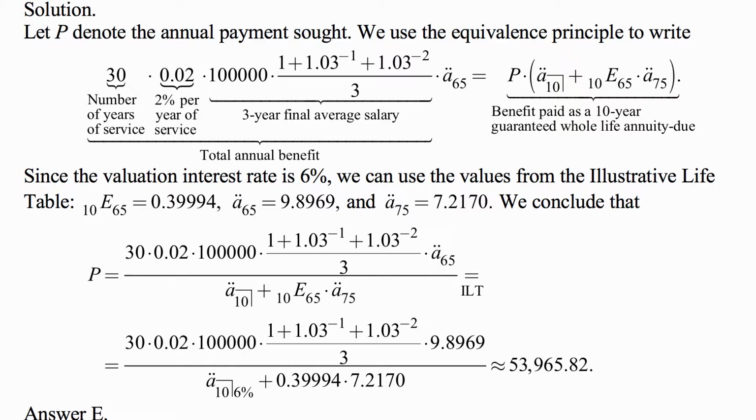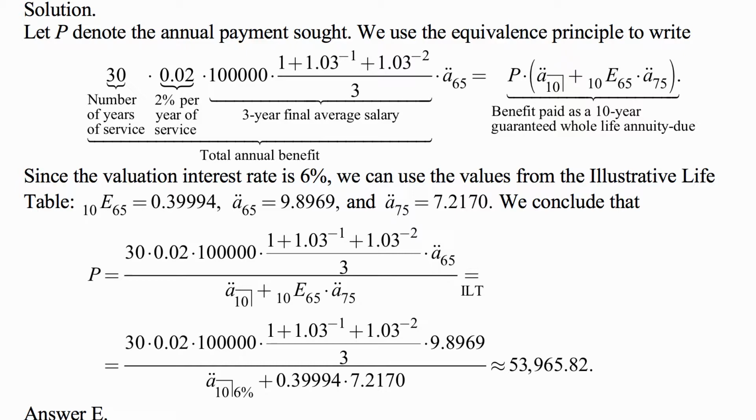And that's equal to P, the annual benefit, times ä angle 10 for the certain part of a 10-year guaranteed whole life annuity due, plus deferred by 10 years, so 10E65 is the actuarial discount factor for those 10 years, times ä75, which is the life annuity starting 10 years from now, given that he's alive, and that probability is included in the 10E65 factor.